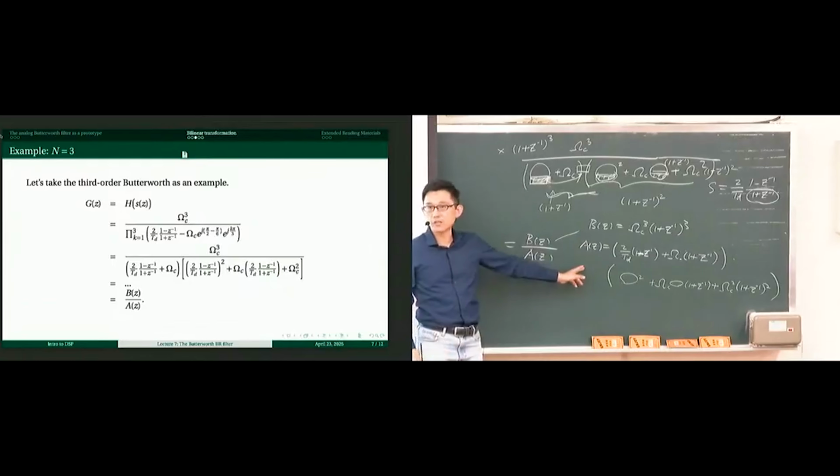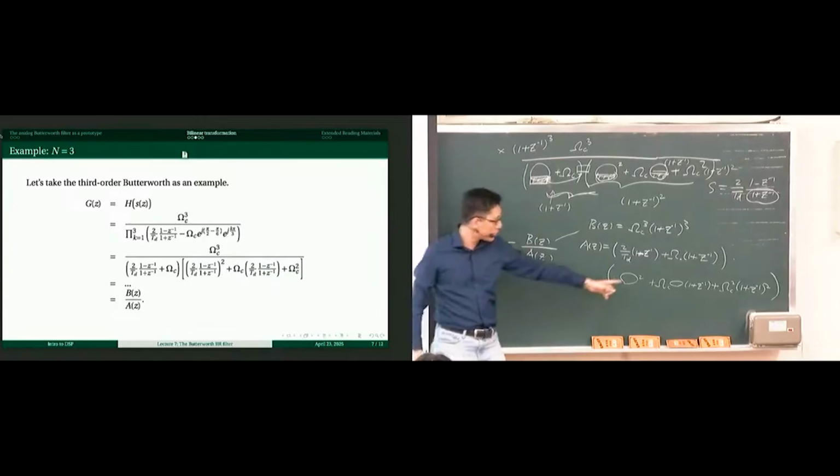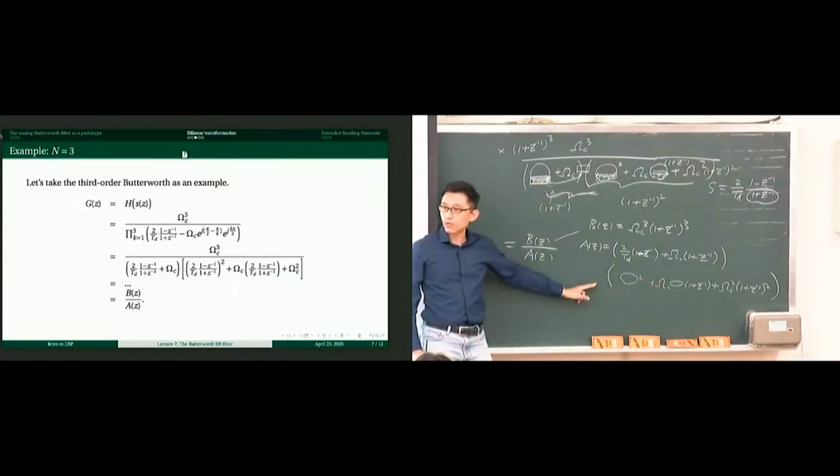We're not happy yet, actually. Why not? Okay? Anybody tell me why this is not yet A of z? And this is actually not yet B of z. Something is wrong. One tiny little bit. The inverse, or reverse, is everywhere. This is polynomial for sure.